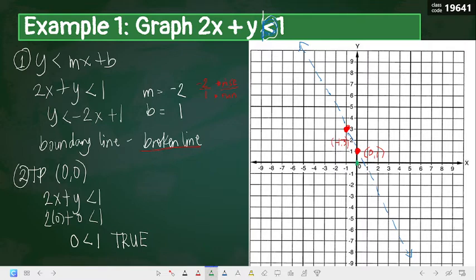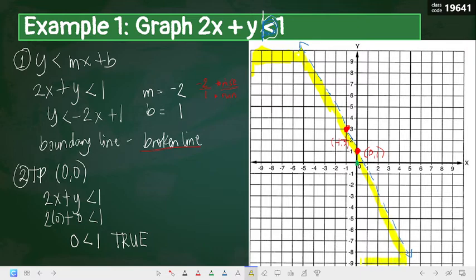So, dahil true, dito tayo sa half plane mag-shade. Dito sa part na to pababa. So, gamit ka lang ng color or any highlighter. So, dahil hindi naman kasama yung line, so make sure na hindi lalagpas dun yung shaded part mo.